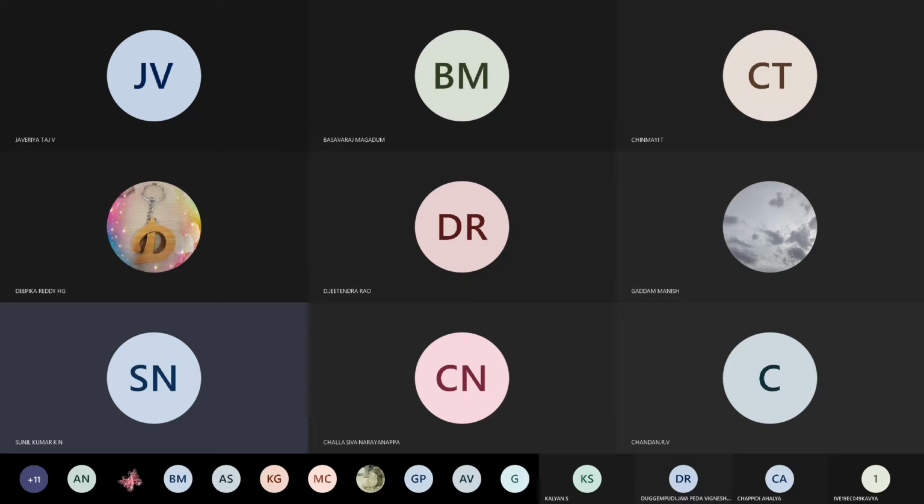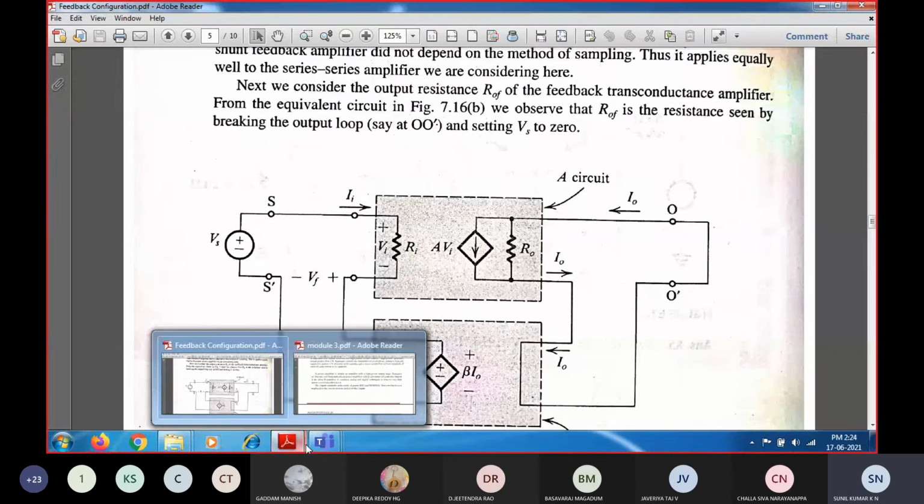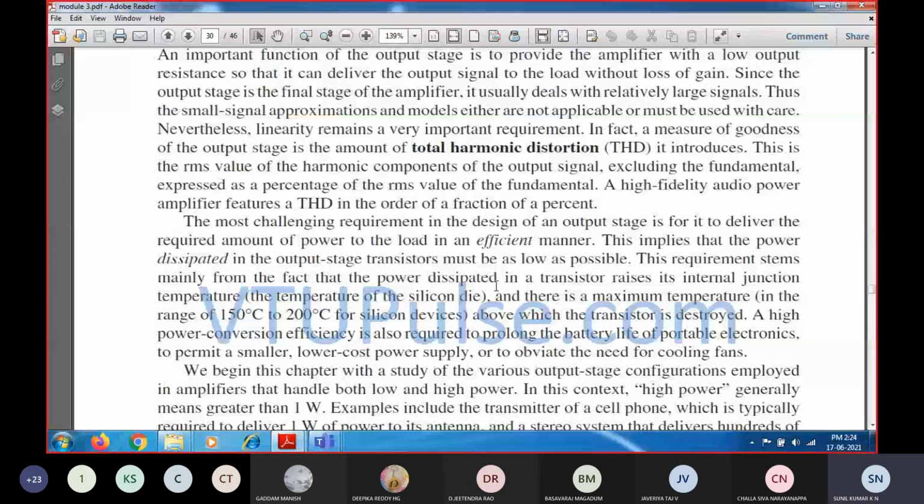In the last class we were discussing the different feedback configurations. We have seen series, shunt, and series-shunt, and how, on employing negative feedback, the input and output impedance of the amplifier can be controlled. In the series-shunt configuration, the input impedance increases by a factor of 1 plus beta A, and at the same time the output impedance reduces by the same factor.